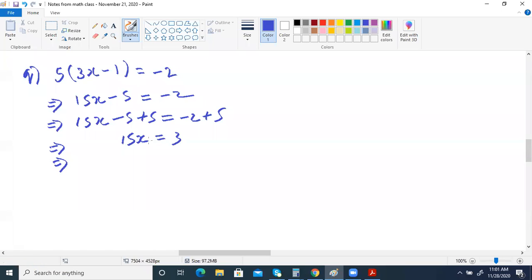So what I did then, I minus 15 from each side. No, divide. You're so close. Divide both sides by 15. So you then got x equals 1 over 5. So, let me put the 3 over 15 and then carry it down to 1 over 5.